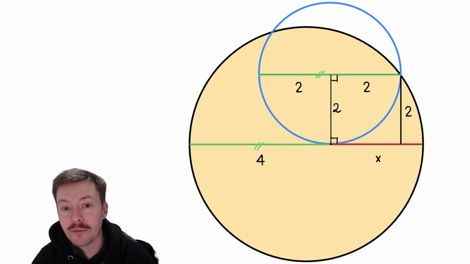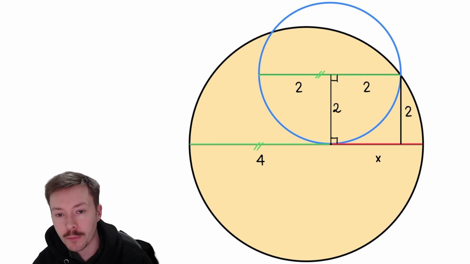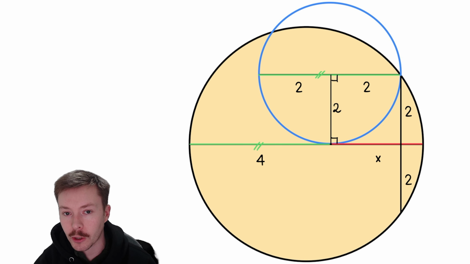I could theoretically flip that blue circle over, and then I would have another intersection point that is 2 units away from where I've just drawn this line. So we'll have another 2 unit line on the other side here, like this. And that's because of the symmetry of the circle.